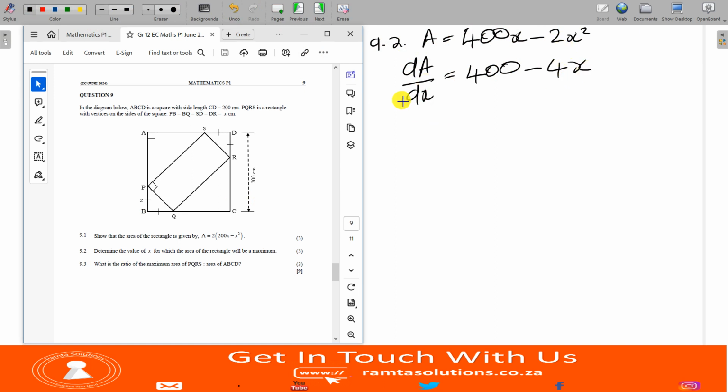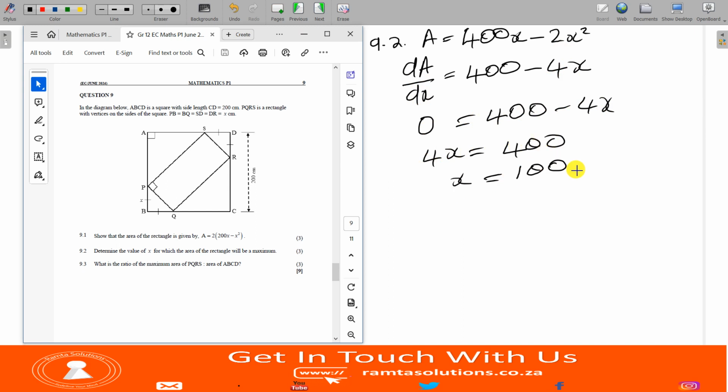Remember, that which you are differentiating is equated to 0, so 0 equals 400 minus 4x. Therefore, we can say 4x is equal to 400. Conclusion, x equals 100 centimeters. So the value of x for which the area will be a maximum is 100 centimeters.